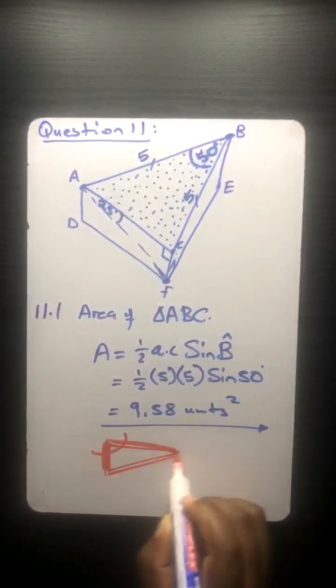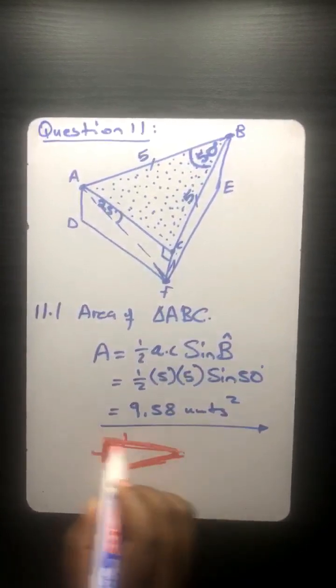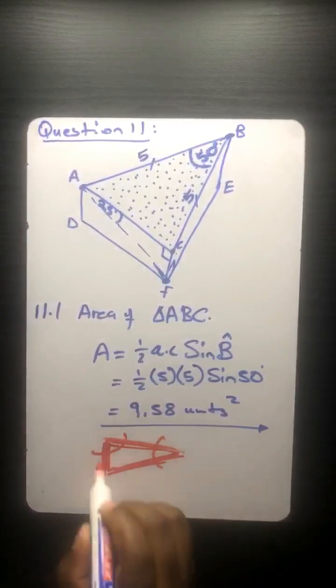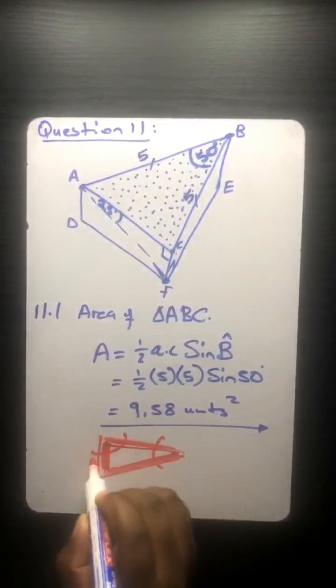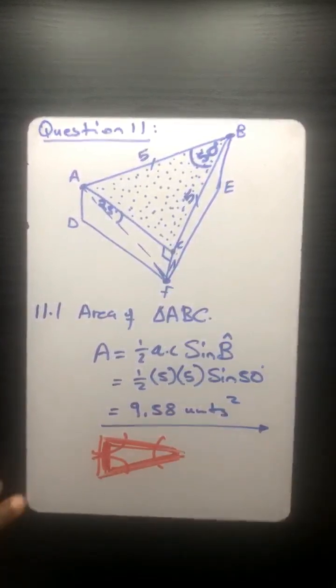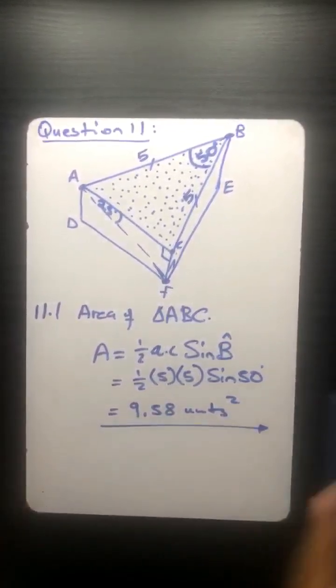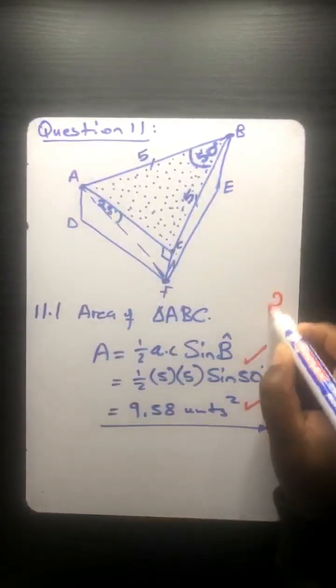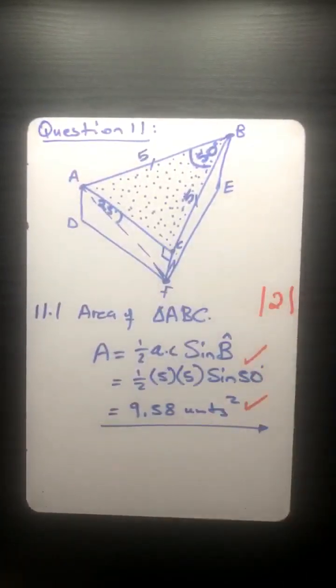If you use this side and that side, the angle has to be the one in between. That's how the area rule works. And with you doing that, that's how you score yourself 2 marks for that question. I hope it makes sense, honorable member.